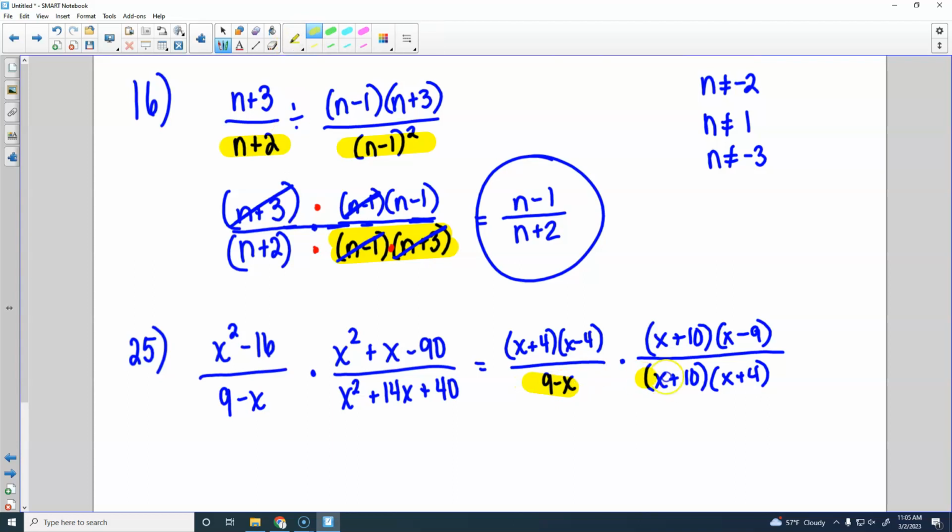And so before I start canceling anything, I want to look for excluded values. For the x plus 10, I'll get x cannot equal negative 10. For the x plus 4, I will get x cannot equal negative 4. And then for this 9 minus x, I'm going to get x cannot equal 9.